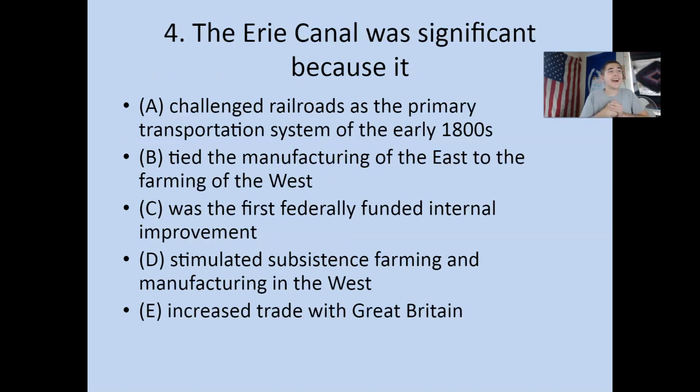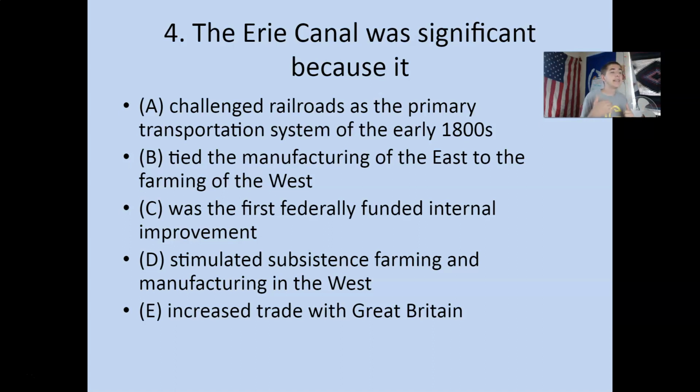Number 4. The Erie Canal was significant because it A. challenged railroads as the primary transportation system of the early 1800s. B. Tied the manufacturing of the East to the farming of the West. C. Was the first federally funded internal improvement.